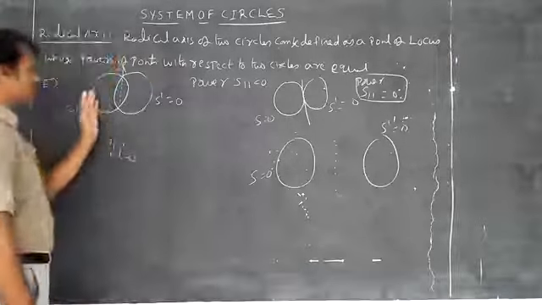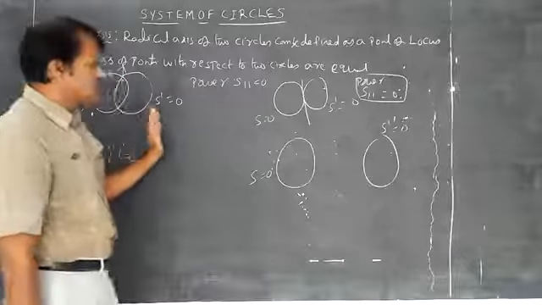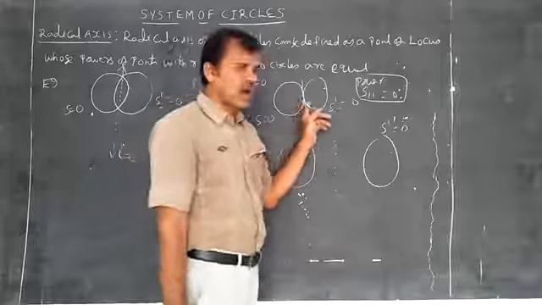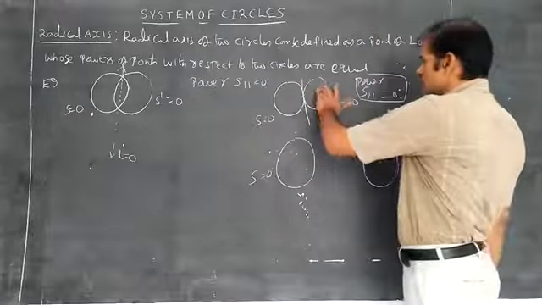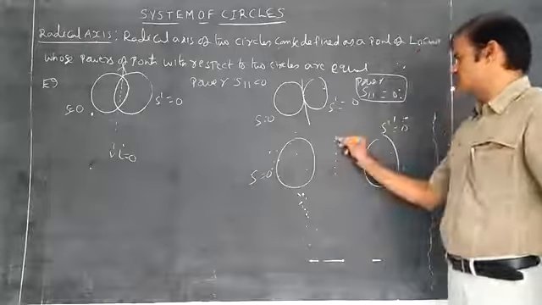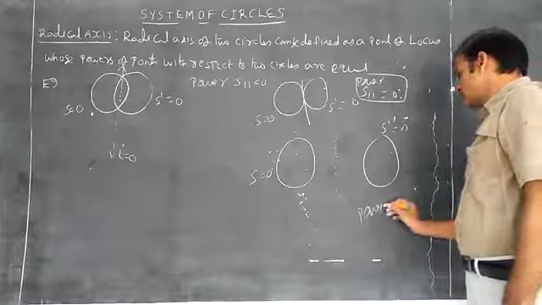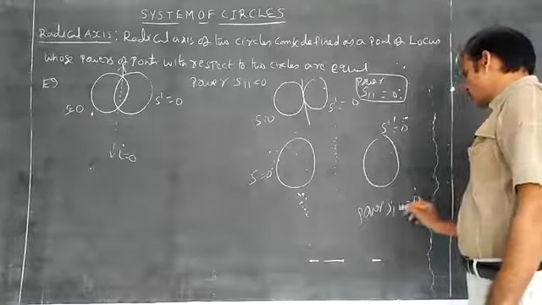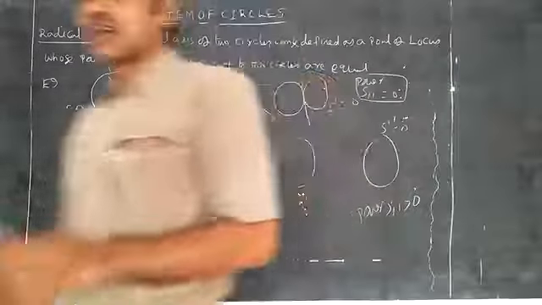So it means whether the locus is inside one circle and inside the other, or on the first circle and on the second circle, or outside both, the powers are equal. This is the definition of radical axis.